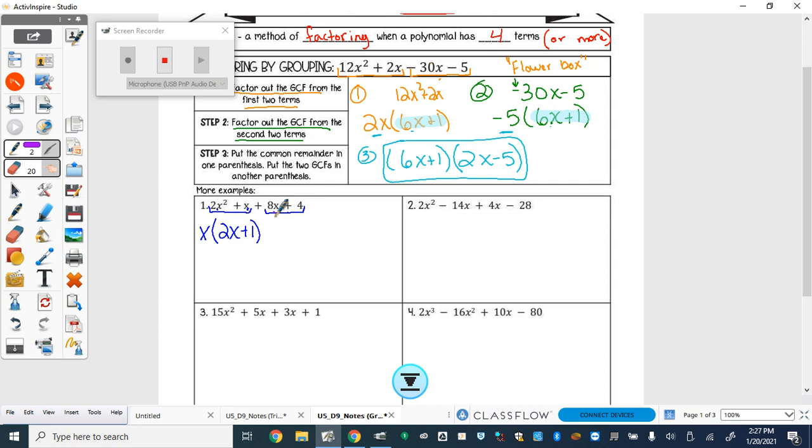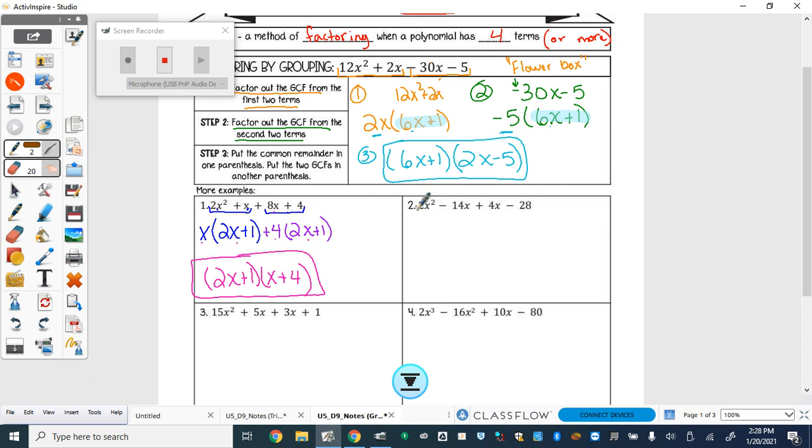My GCF between 8x and 4 is going to be a 4, and then I'm left with 2x plus 1. My parentheses match. They both have 2x plus 1, so that's my first factor. And then my GCFs are my second factor. So that ends up being our final answer there.